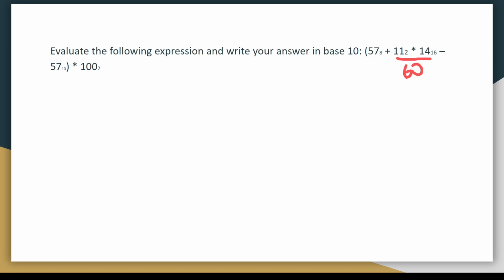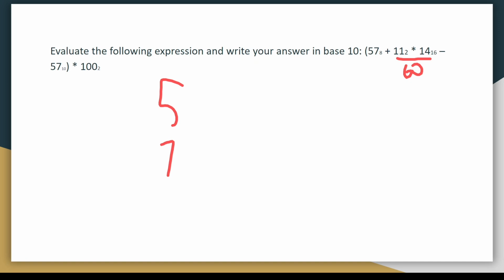And now next, just going left to right, because we have an addition and a subtraction. So octal, 57 octal plus 60. So again, we do conversion into decimal because we don't want to convert into octal and then back to decimal, since we have to write our answer in base 10.